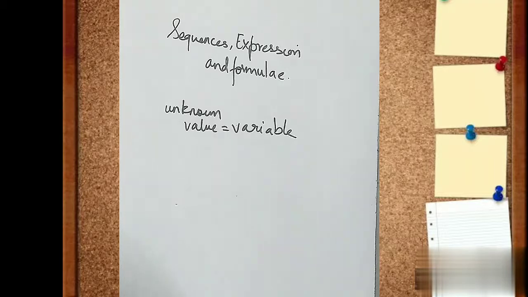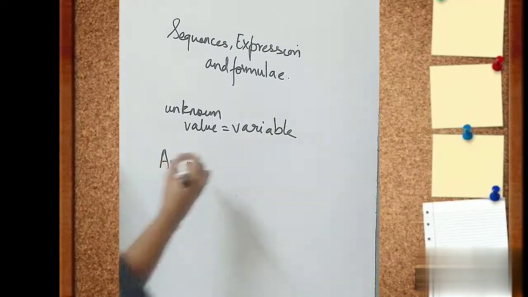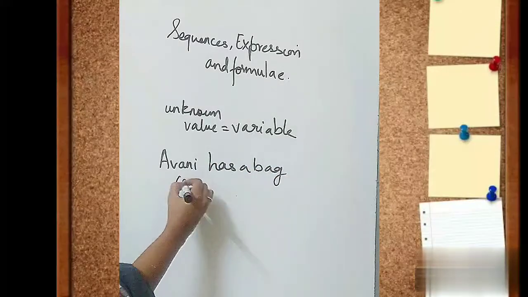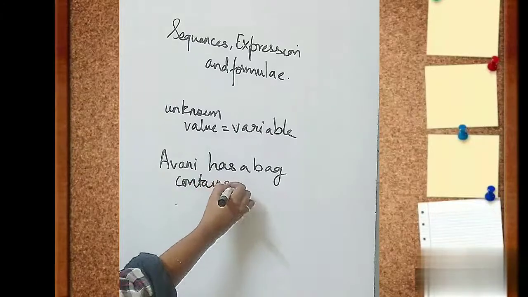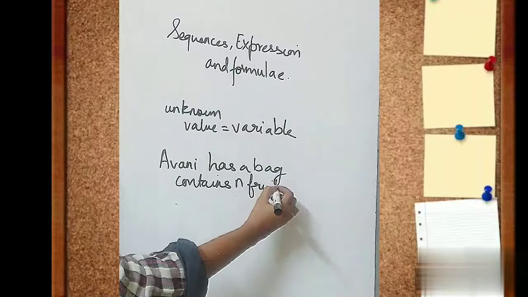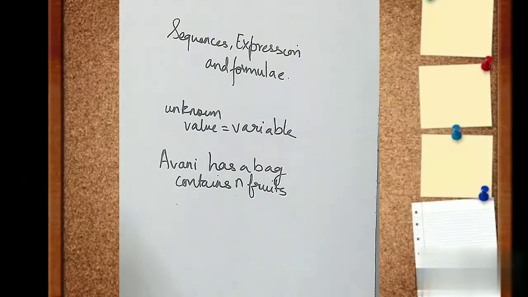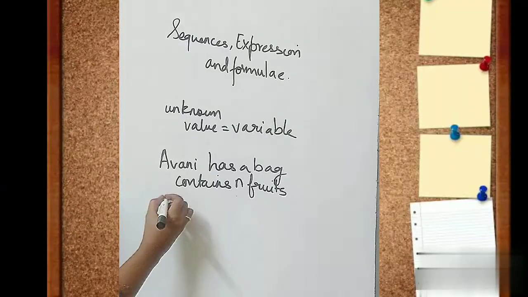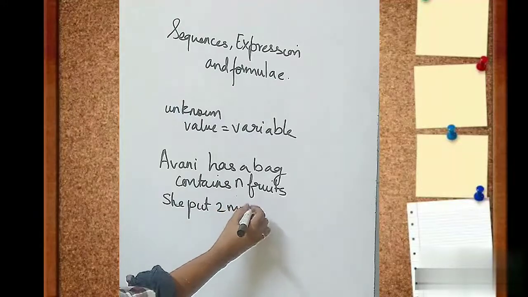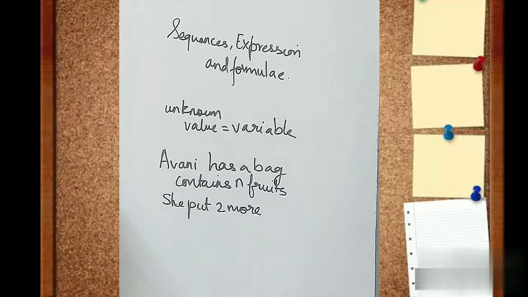Okay. So, for example, I'm talking about Avani has a bag containing n fruits. So, n number of fruits are there. Now they are telling she put 2 more. So what will be the expression, student? Very simple. They have mentioned in the question only n fruits.